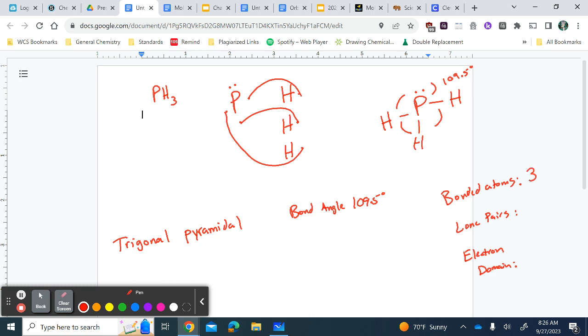Our phosphorus has 1 lone pair. It's this pair of electrons sitting at the top. If it has 3 bonded atoms and 1 lone pair, we're going to say we have a total of 4 electron domains. So anytime you have 3 bonded atoms and 1 lone pair, you're always going to have 4 total electron domains.